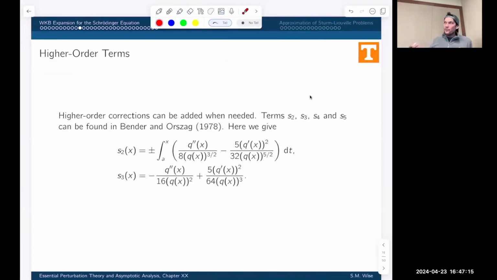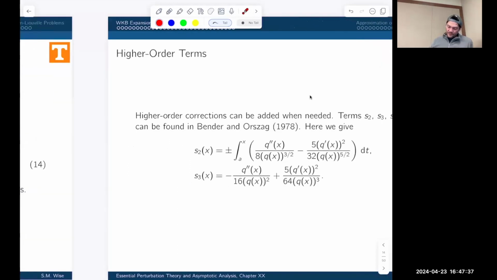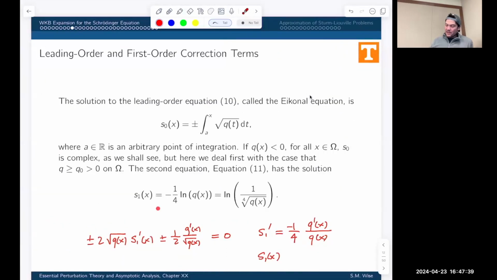Now you can get higher order terms. So in Bender and Orszag, you can find S2, S3, S4, and S5. So here's S2 and S3 in case you're interested to know them. The even number terms come with this plus minus ambiguity, and the odd order terms, you lose that ambiguity for kind of the same reason we lost it here.